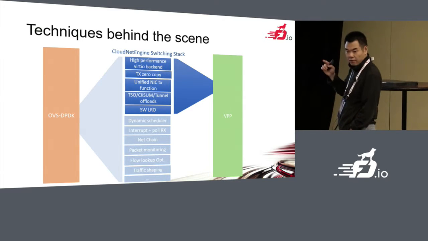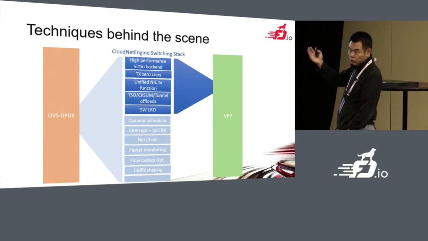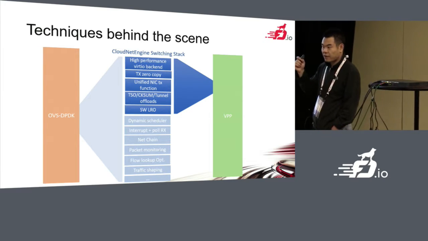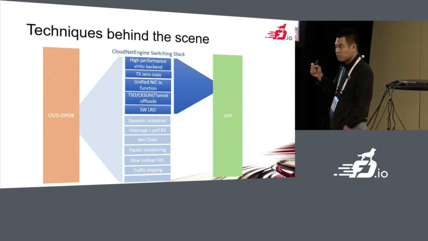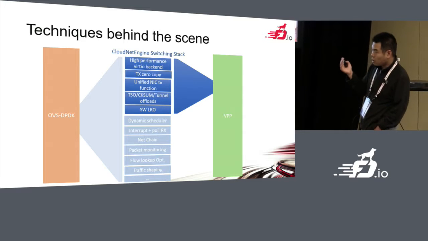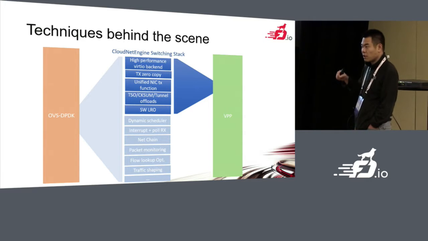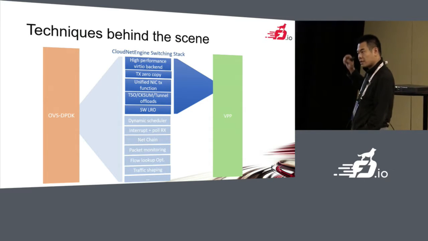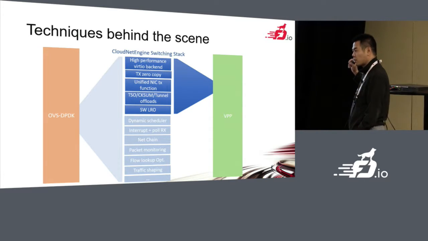Especially for the virtio backend, when we do a full copy there is no problem, since we just release the virtio ring descriptor. But if we do zero copy, that means we need to hold on to the virtio descriptor until we finish the whole packet logic.